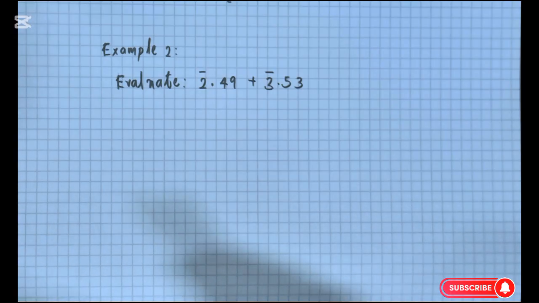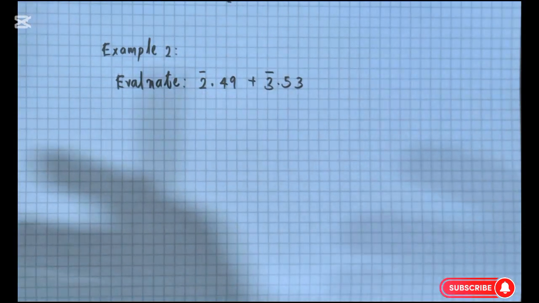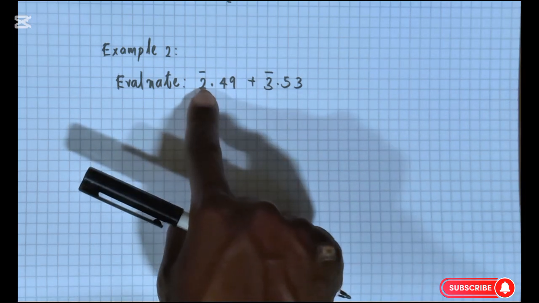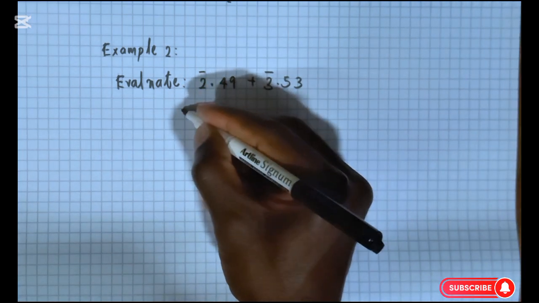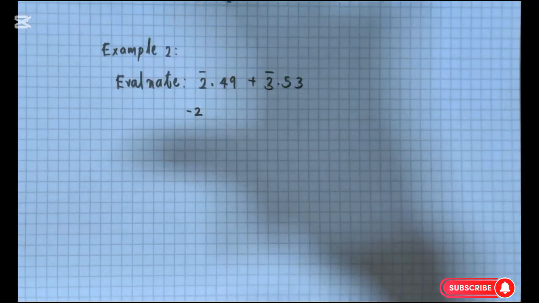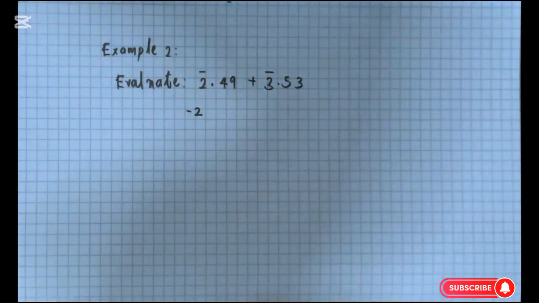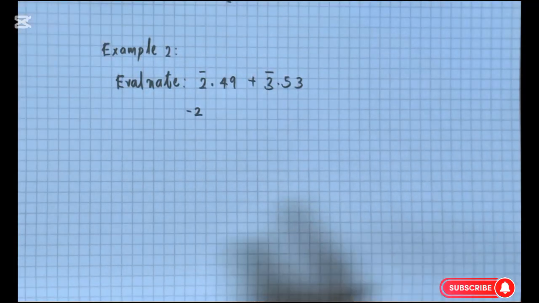Before you do anything, you want to understand how to write this bar number in an expanded form. So bar 2.49 is the same as -2, which was the power of 10 when you were writing it in standard form, when you were looking at the characteristic and logarithms of numbers less than 1.